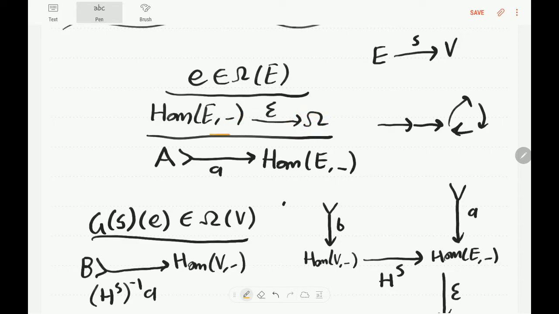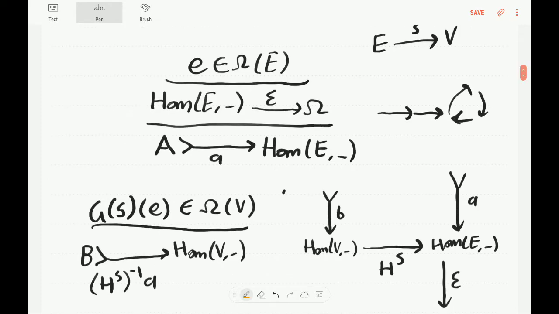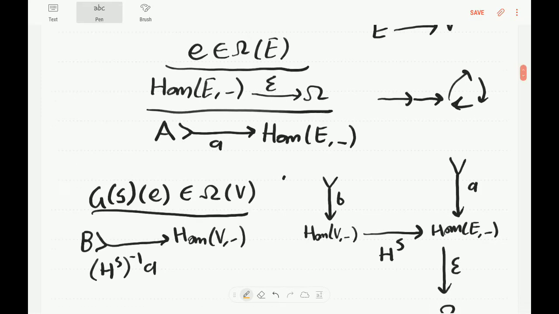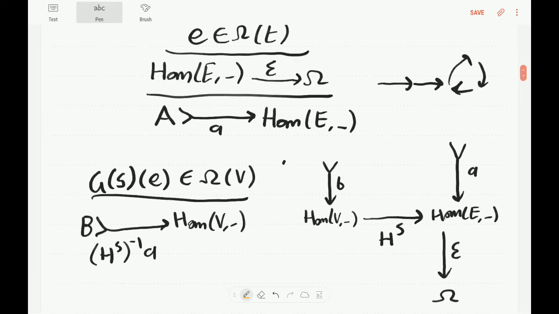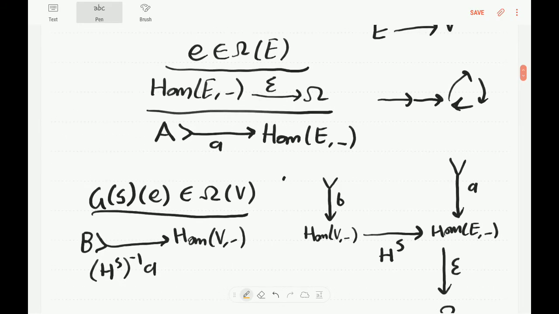And that's going to correspond then to a subobject A of hom e comma blank. So we find that the elements of internal type E in the subobject classifier just correspond to subobjects of hom e comma blank, which is pretty interesting.